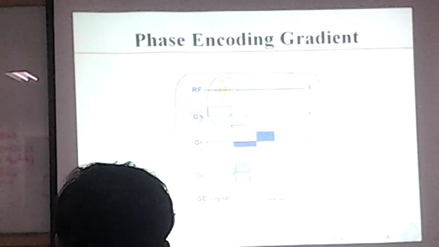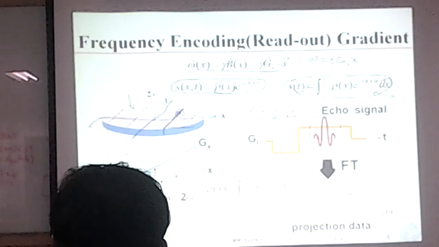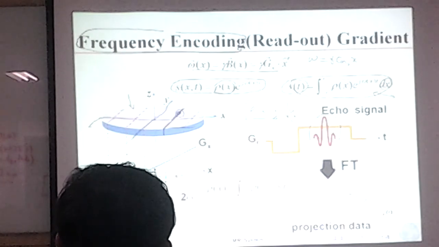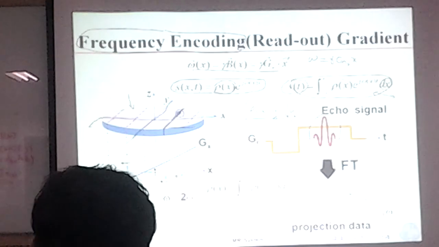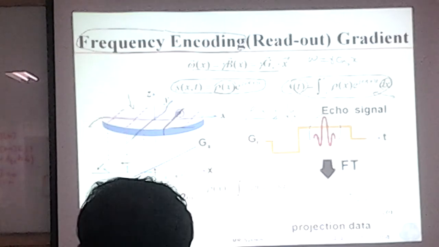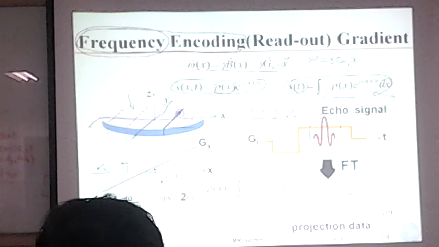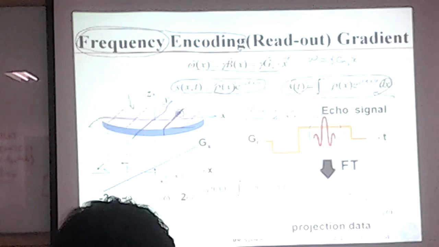I just missed one explanation here. Readout gradient is also called a frequency encoding gradient. Frequency encoding gradient means the spatial information is encoded by frequency. So frequency encoding is the same terminology as readout gradient.